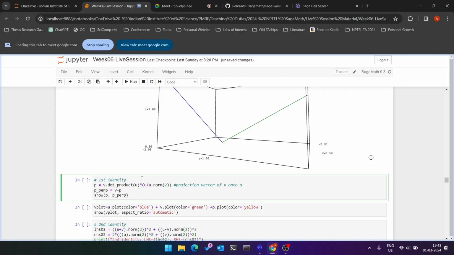But we'll calculate that. So projection of vector v is basically v dot u divided by, multiplied by a unit vector which is along the vector u.